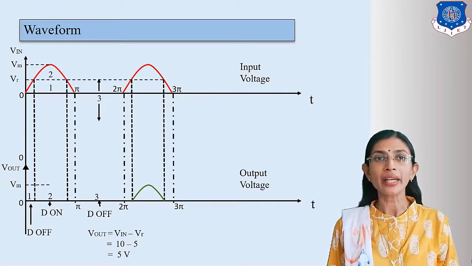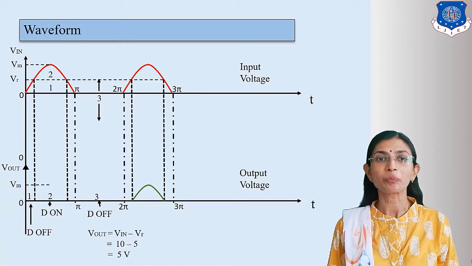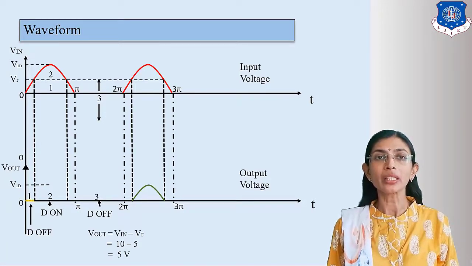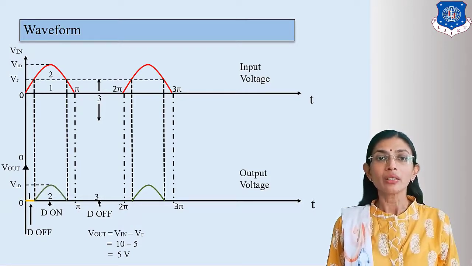The input is divided into two parts, one that is below V reference and another that is above V reference. If it is below V reference, the output is equal to 0. And if the input increases above V reference, then the output is equal to V input minus V reference.